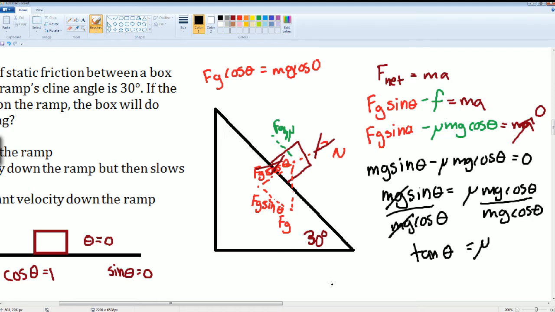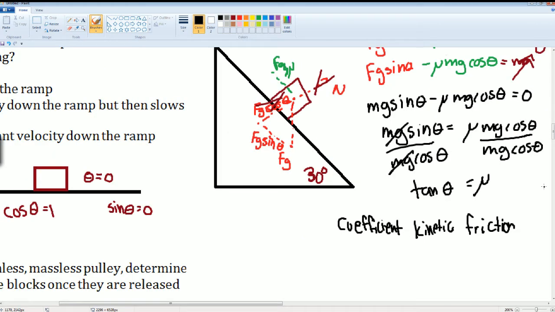So the coefficient of kinetic friction on a ramp is actually defined by this, tan theta, mu equals tan theta.